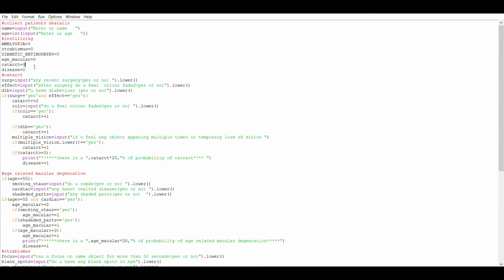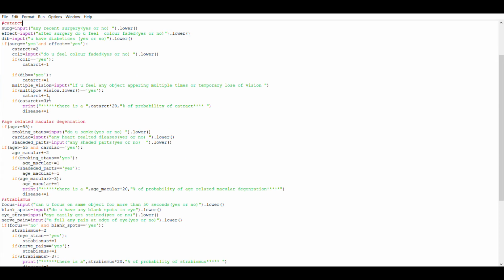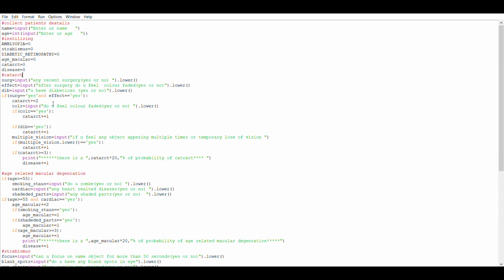Now we will go to the first disease, cataract. Cataract is caused by surgeries and their after-effects, and if you are a diabetic patient, the probability of getting cataract is higher. So we analyze the basic details, and if they match, you enter the cataract info.